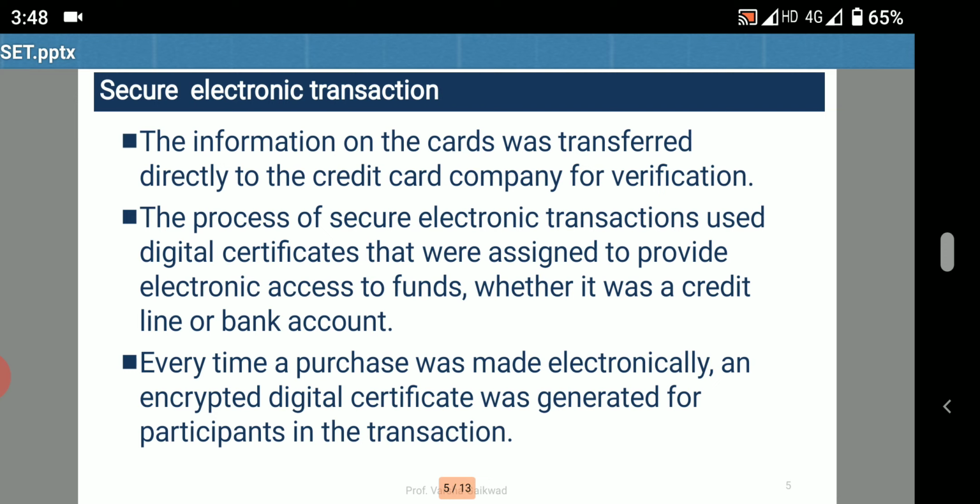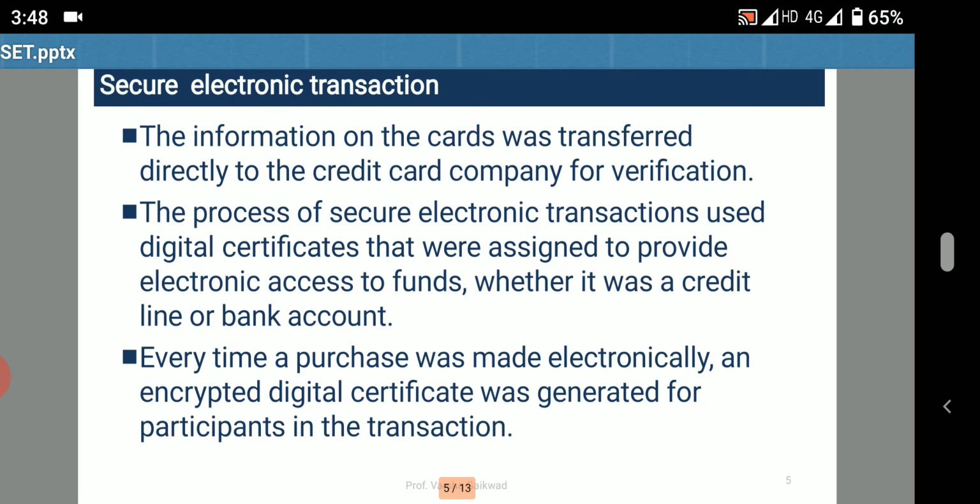So, when you do a transaction by internet, every time after the transaction is done, a digital certificate is generated for all the participants. After seeing the certificate of the website, SET creates a certificate for participants. And again, those are matched and then only the transaction can happen.